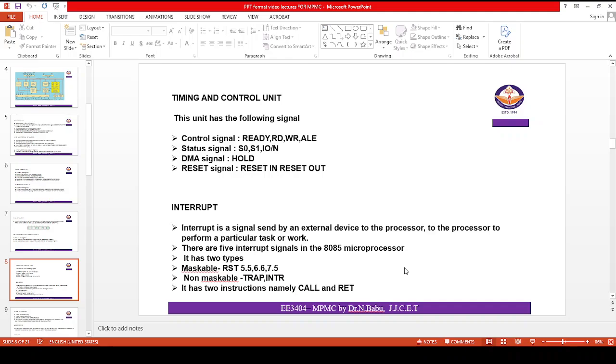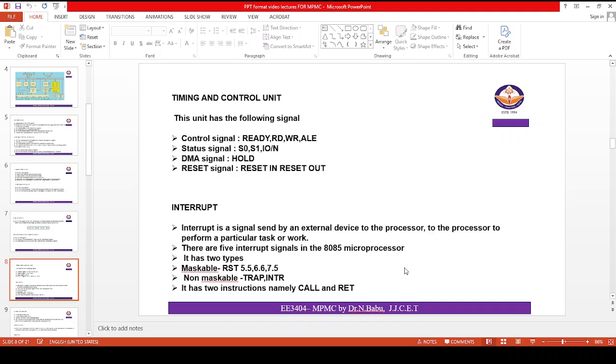I already told you, the processor is always working with memory. Sometimes it will access an IO device. How to identify? Through this pin only, IO bar, M bar. It is a very important pin. If IO bar, M bar is equal to 1, the processor is accessing IO devices, or external devices, or peripheral devices.